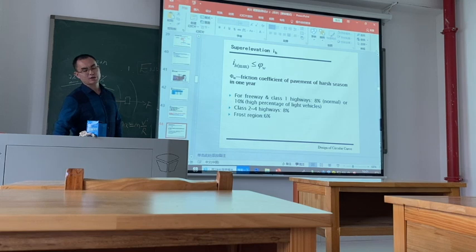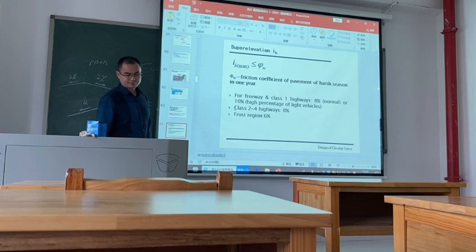Normally, on normal condition it is 8%. The condition of a high percentage of light vehicles such as cars is 10%.